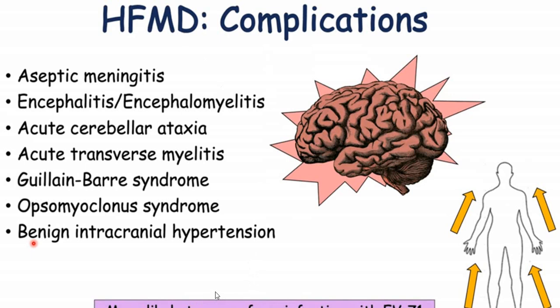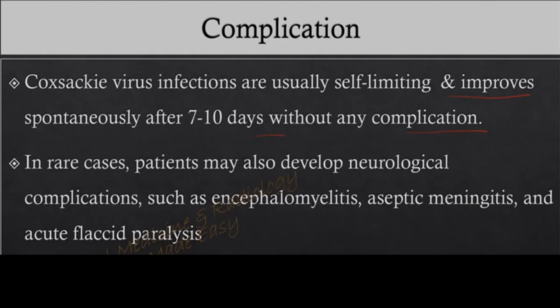Most likely chance of some of these complications is by Epstein-Barr virus rather than Coxsackie virus. So Coxsackie virus infections are usually self-limiting and improve spontaneously within 7 to 10 days without any complications. In rare cases, the patient may develop neurological complications such as encephalomyelitis, aseptic meningitis, or acute flaccid paralysis.